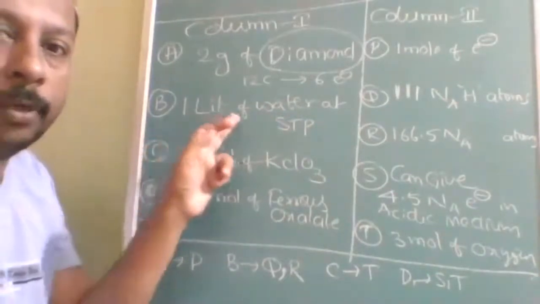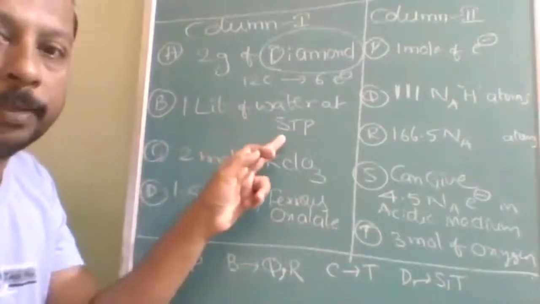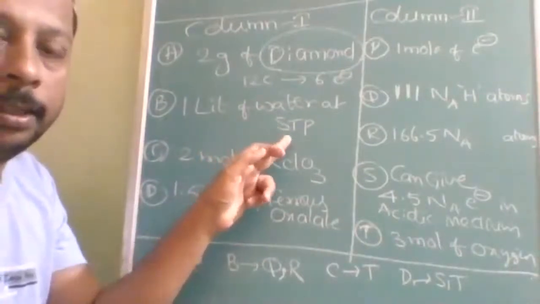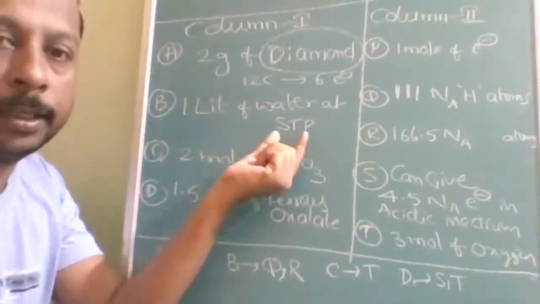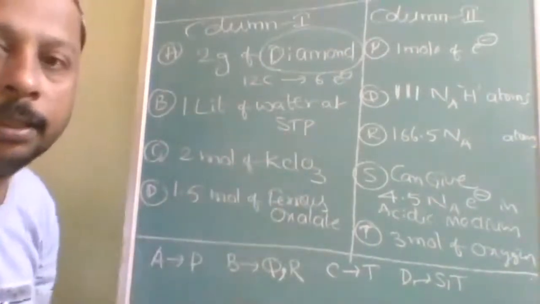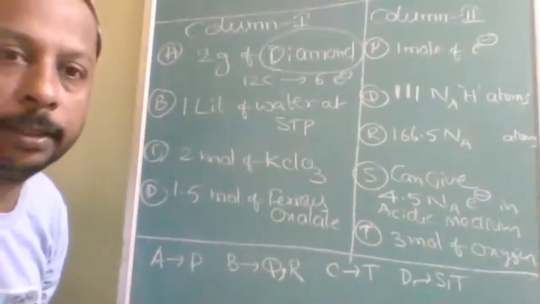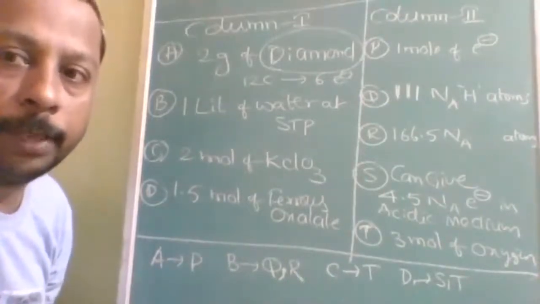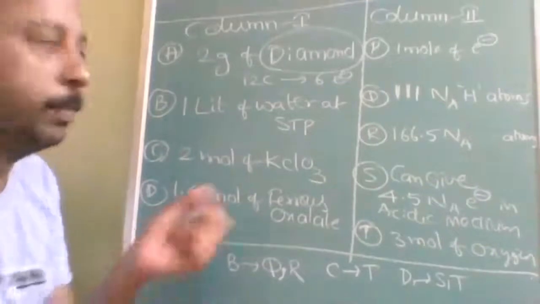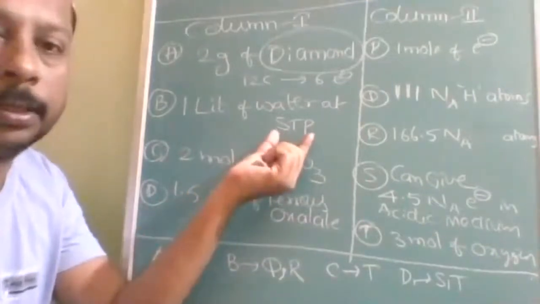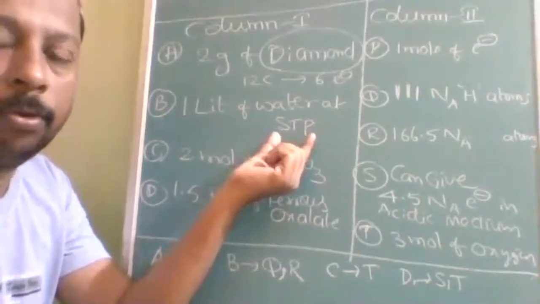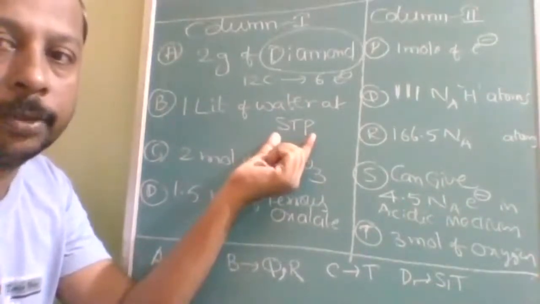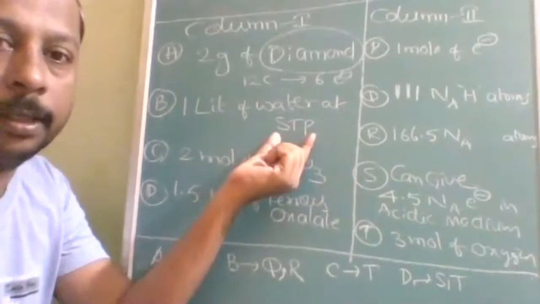1 liter of water at STP. Mainly people are confused here. At STP they take it as 22.4 liters, but you should not apply that concept here, because STP is applicable only for gases.